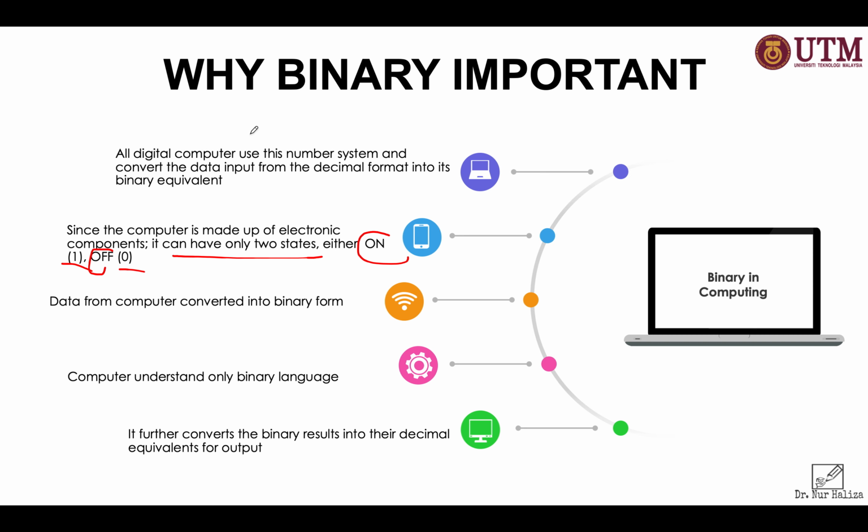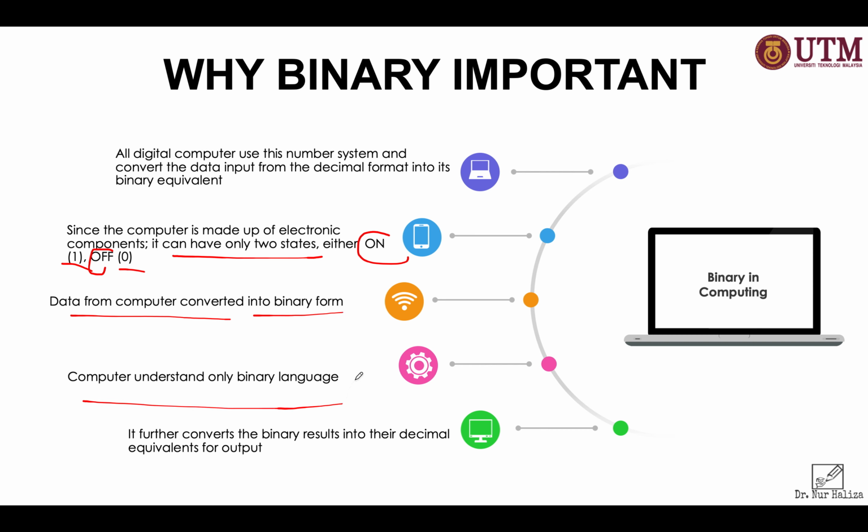Let's say you have the data transfer, of course you will, let's say, type in the word hello, but what you understand is hello itself. You type HELLO, and then there will be a system in your computer that will convert it into 1010, which is binary. Data from the computer will be converted into binary form.